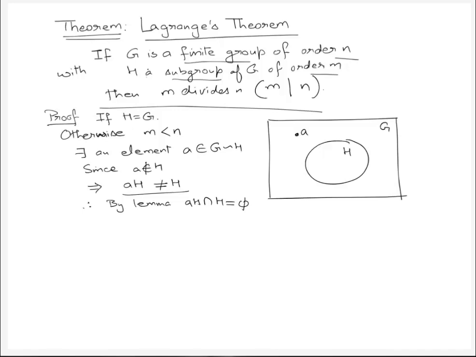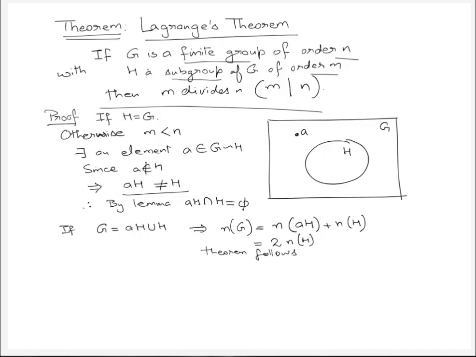Case 1: if G equals aH union H, then the order of G equals the number of elements in aH plus the number of elements in H. We know that the number of elements in aH equals the number of elements of H, so this is 2 times the number of elements of H. So the theorem follows.